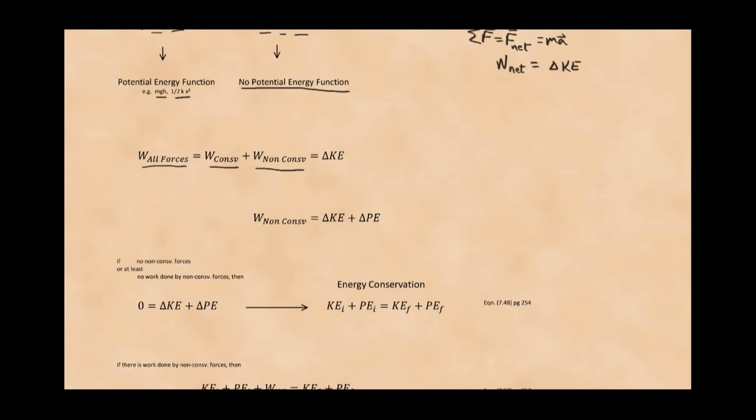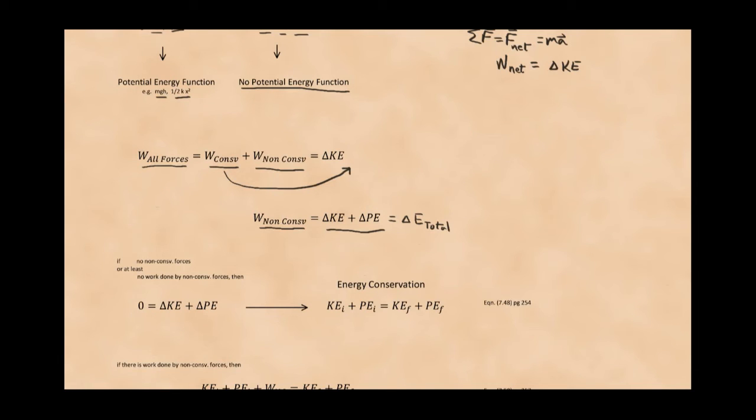Now, because the conservative forces can have potential energy functions associated with those, we can take those potential energy functions, move them over to the other side of the equation, and our work energy theorem now becomes the work done by non-conservative forces is equal to the change in kinetic energy plus the change in potential energy. And this is what we define as the total energy, kinetic plus potential.